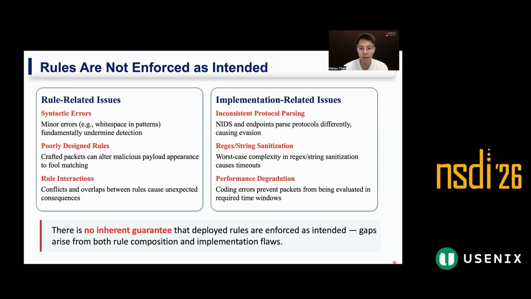The second category is implementation-related issues. Even when a rule is perfectly written, the NIDS may parse the protocol differently from the actual endpoints, which lets malicious traffic slip through. In addition, complex regular expressions or worst-case string sanitization may cause timeouts or delayed alerts.